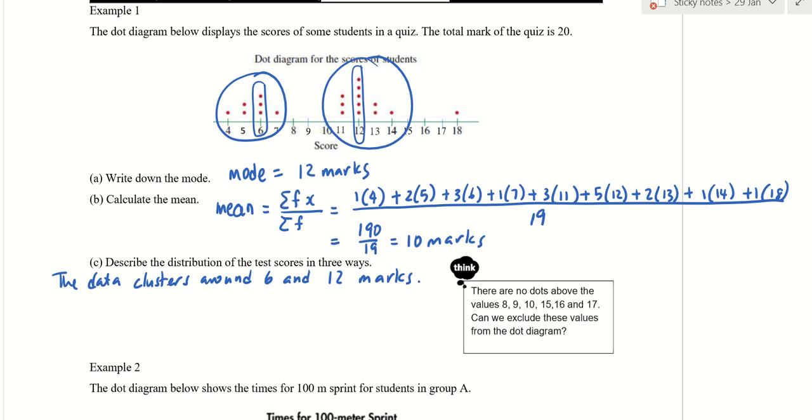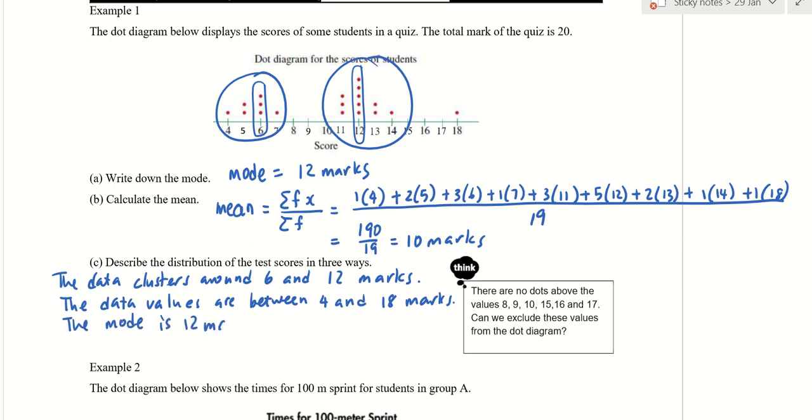Okay, what else can we say? The data values are between 4 and 18 marks. You can also say the mode is 12 marks.